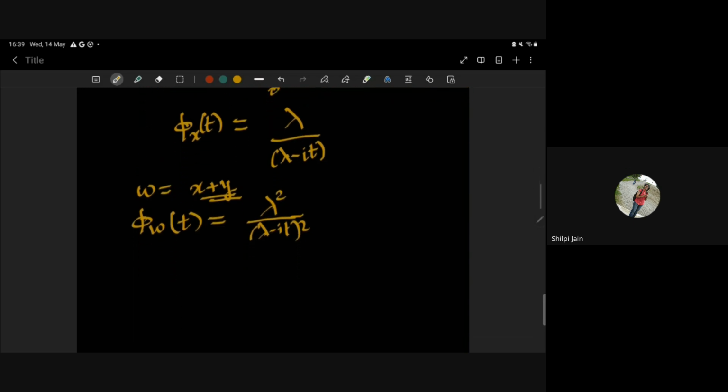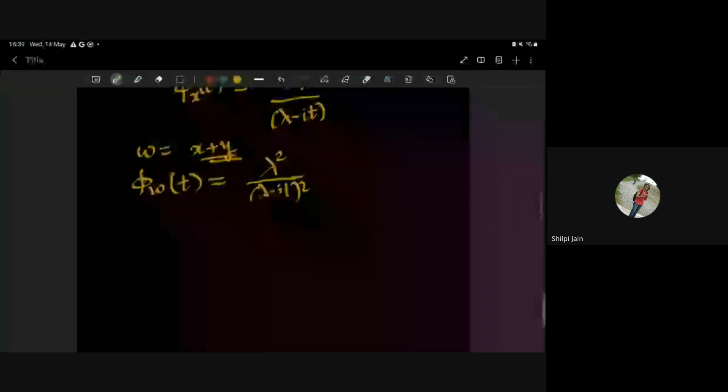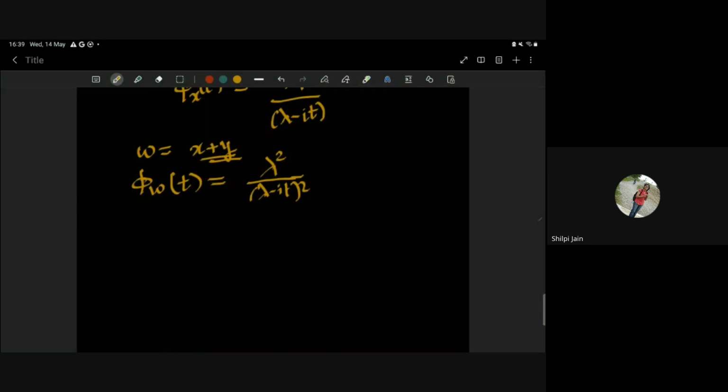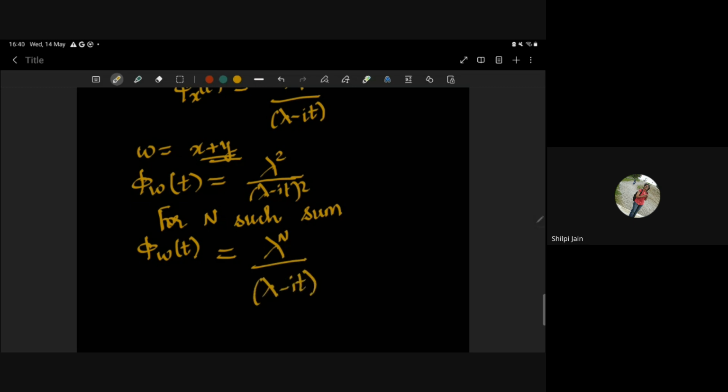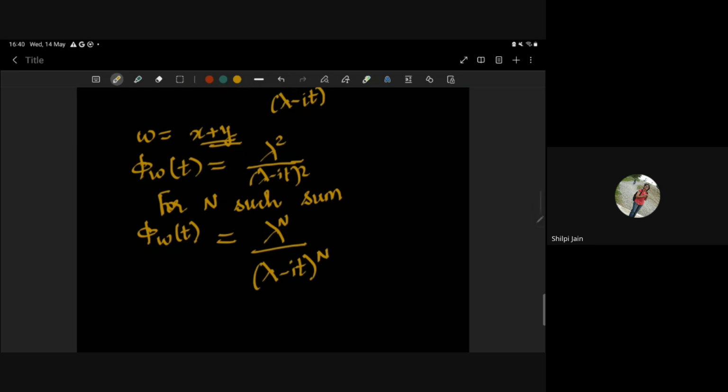And if these are n variables, meaning X plus Y plus Z plus T till n, then it will become lambda over lambda minus it to the power n.